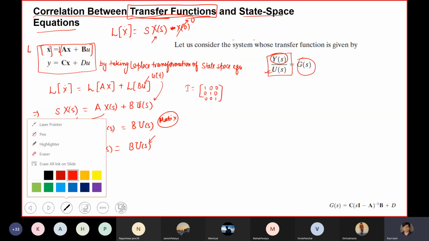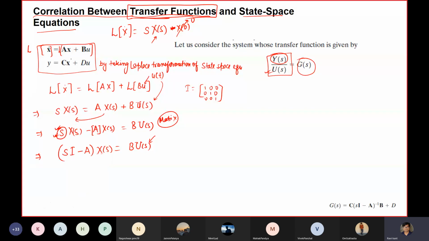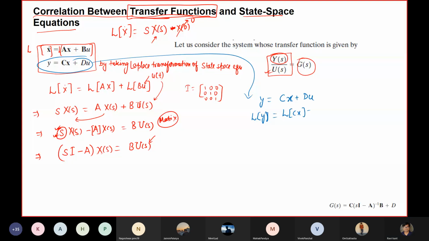Okay, apply Laplace transformation on both sides. So L of y is equal to L of Cx plus L of Du, all in time variables. Now it will be transformed to capital Y(s), the transformed variable, is equal to C times capital X(s) plus D times U(s). Okay.